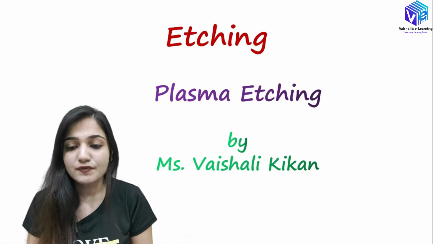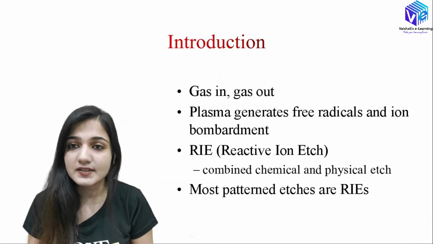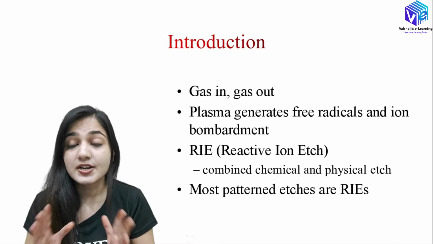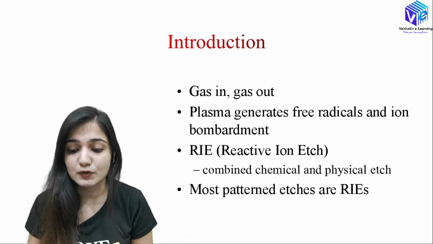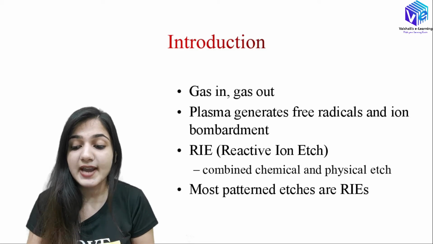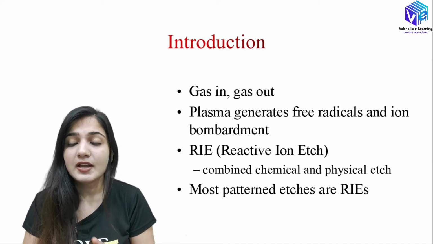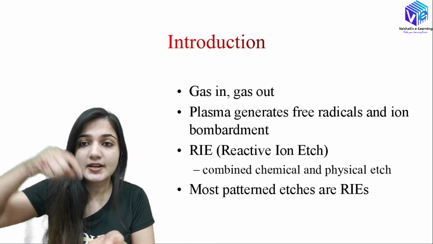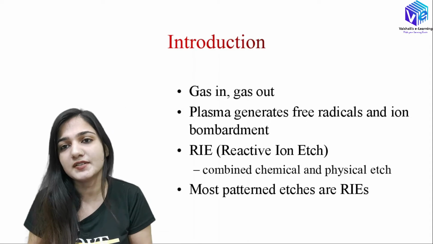So first of all, this is a gas in gas out system. We are using the gases here, some ions in the form of gases. Plasmas generate free radicals and also ion bombardment. So here we have the reactive ion etch. What happens is that the ions fall on the substrate, and when the ions fall on the substrate, they remove some particles from the substrate.